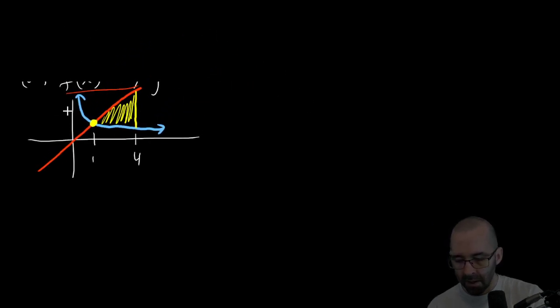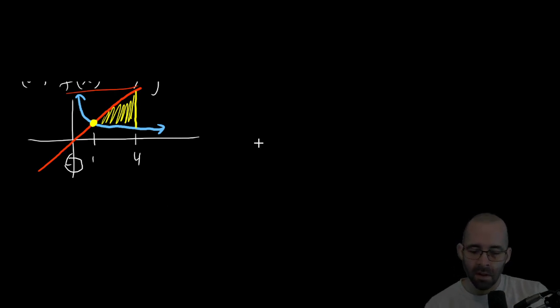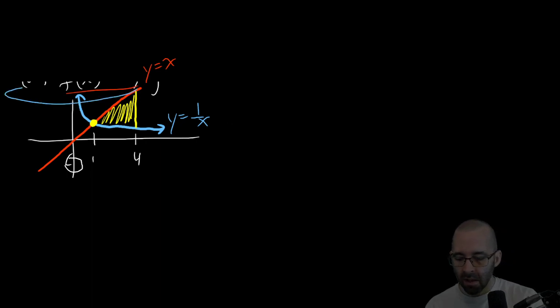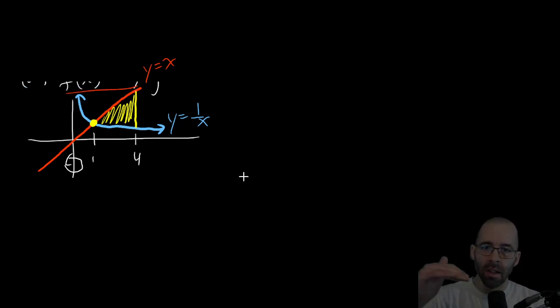But now we're rotating it around a different axis. So this is where things get hard. Because again, this is the equation y equals x. And this is the equation y equals 1 over x. But if we're rotating it like this, it's upper and lower.